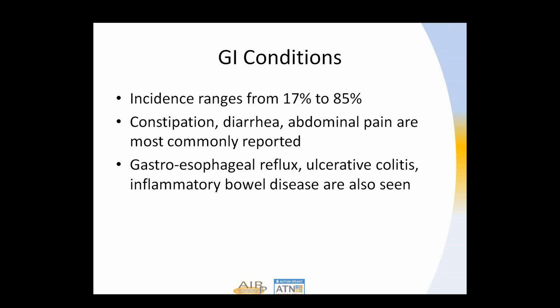Most commonly reported GI conditions are constipation, diarrhea, and abdominal pain, but really the full range of GI disorders have been reported, including gastroesophageal reflux, ulcerative colitis, and inflammatory bowel disease. So pretty much any GI problem has been described in people with autism. Next slide.